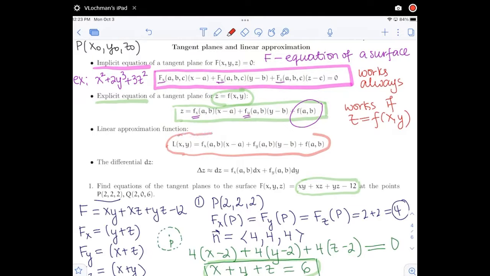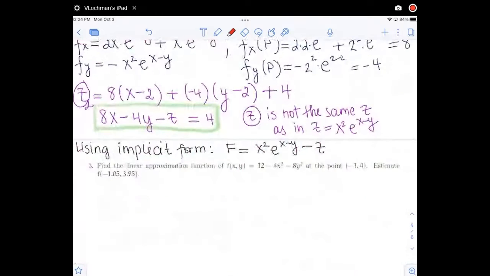This formula right here is exactly a copy of the one above, except now they don't call it z, they call it L of x, y. And we can apply this to say, what if we want to use a simpler function to compute values approximately? How would we go about it? Okay, so let's take a look.